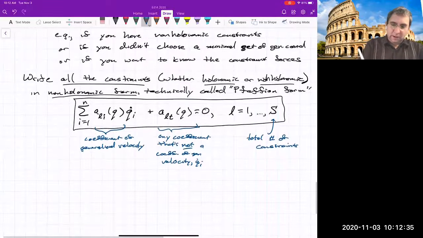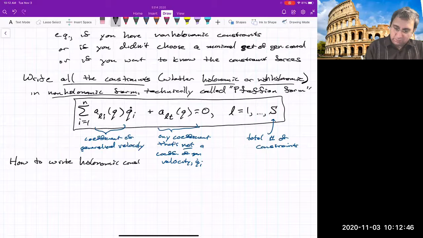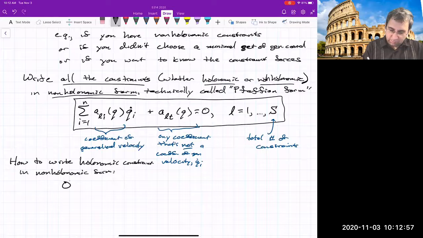And how would we do that? If we have a holonomic constraint, how do we write it in non-holonomic form? So if we have a holonomic constraint, that'll be something that's a function of q and possibly time that equals 0.